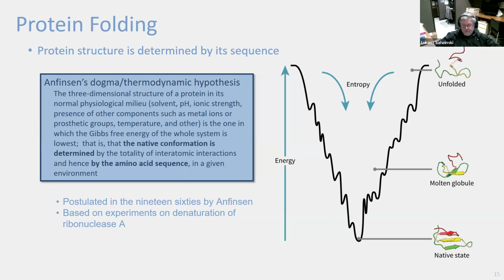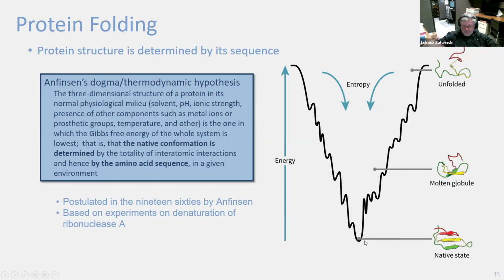So that essentially gives you a prescription for how to calculate the structure of a protein. First, write a formula that tells you the energy of an arbitrary protein chain placed in a given conformation, and then keep searching for the conformation that corresponds to the minimum.